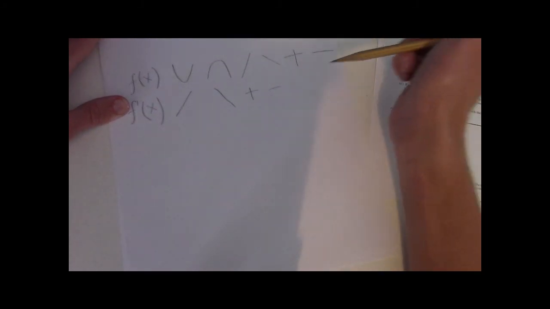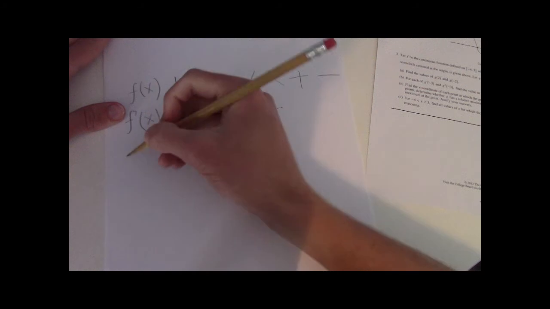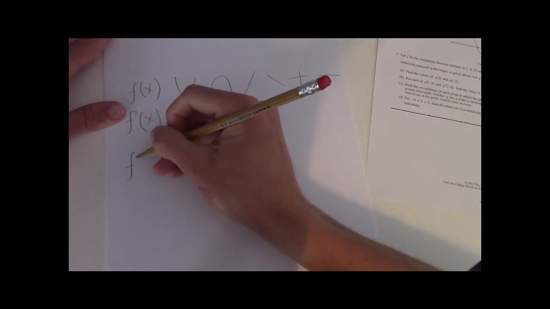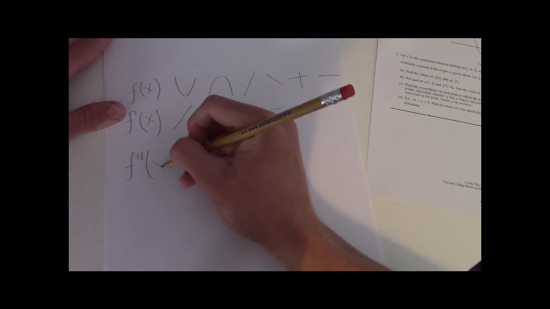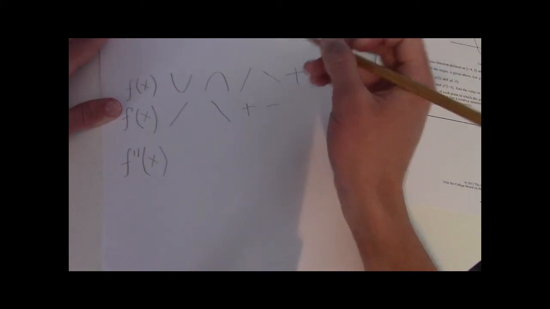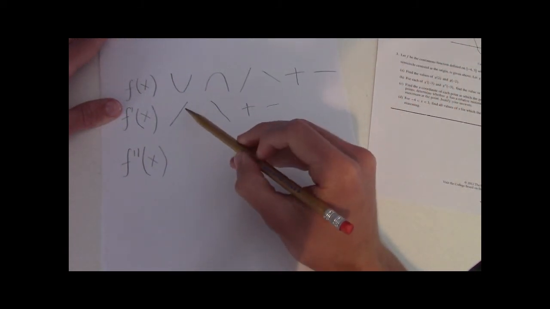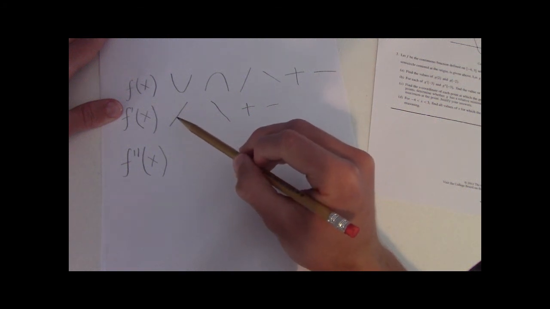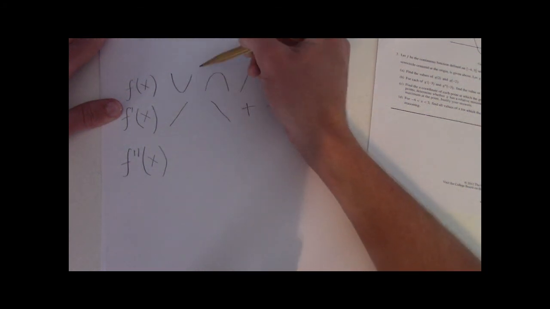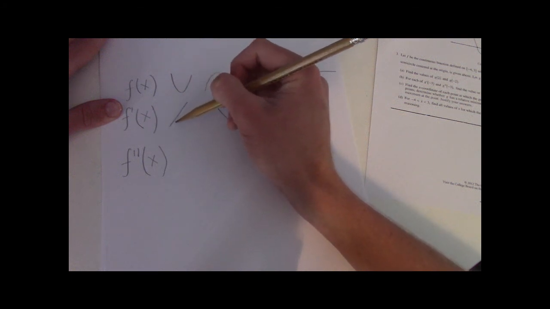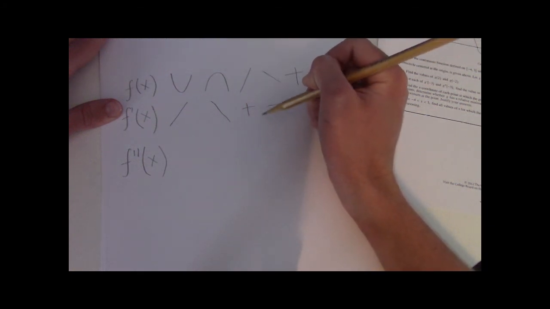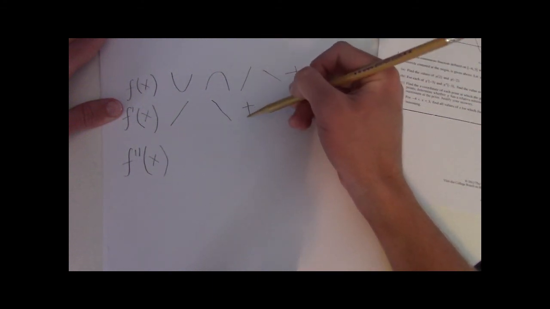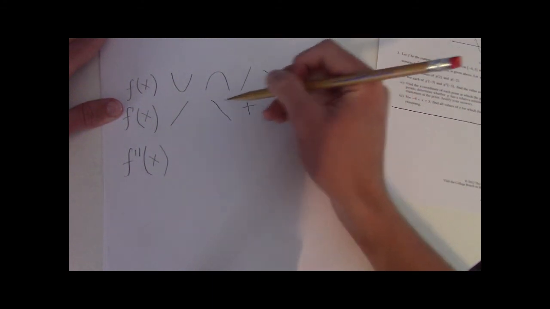And then you can go a step further and look at the second derivative of f of x, f double prime. And again, if f of x is concave up, f prime is increasing, and when a function is increasing, its derivative is positive.